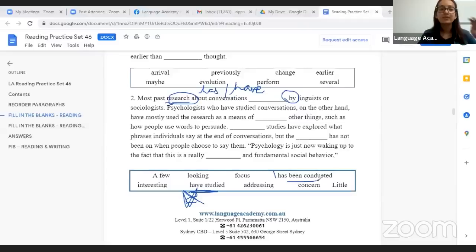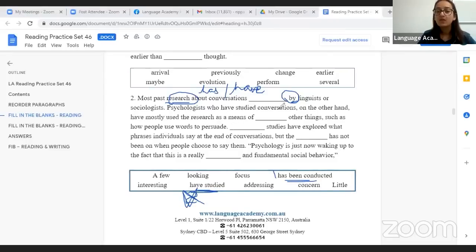It's going to come in 3 to 5 blanks in the exam. Until now, if you haven't done that, please do that. And has, have again is one of the basic concepts of English. Has comes with singular and have comes with plural. So research has been is a passive statement. So have studied cannot come there.